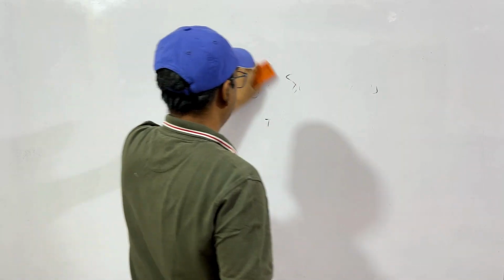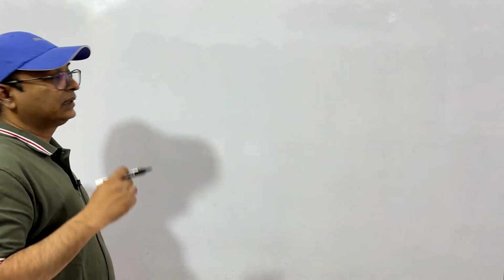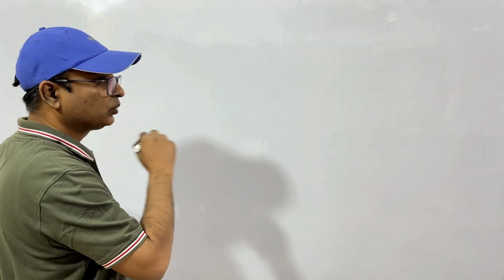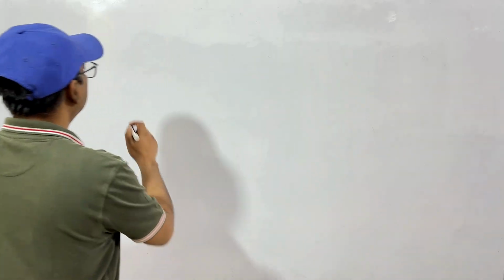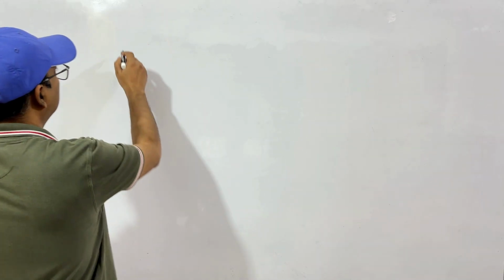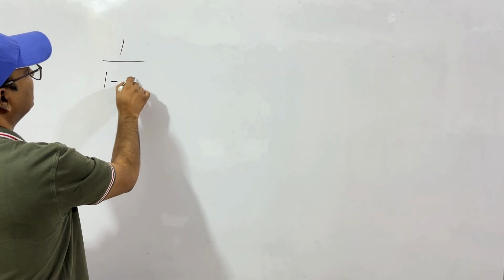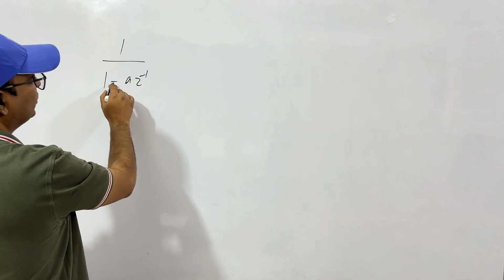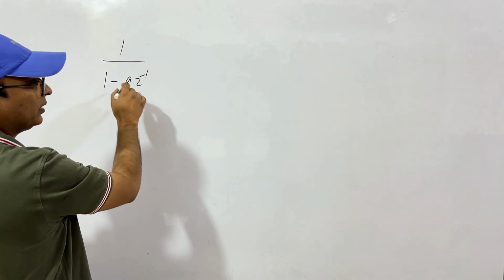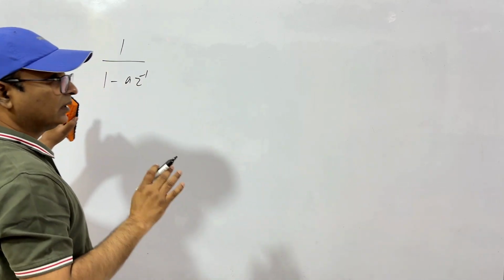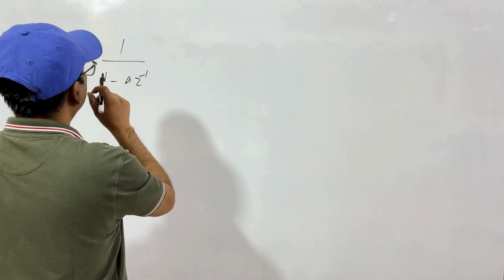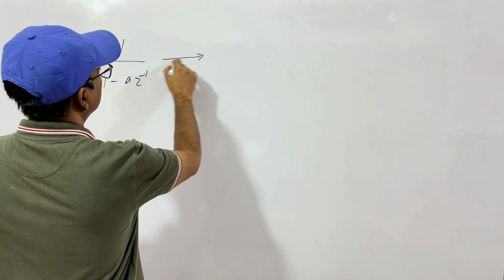The same problem, that is a to the power n u[n], let's solve it by the power series method. You may get questions to solve by the power series method. I'll use a, that is, 1 by 1 minus a z inverse. You may get 1 by 1 minus 1 by 3 z inverse or 1 by 4 z inverse. I am using just an alphabet, so you can use it.